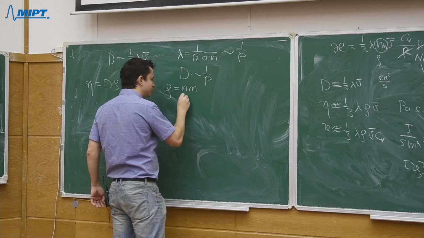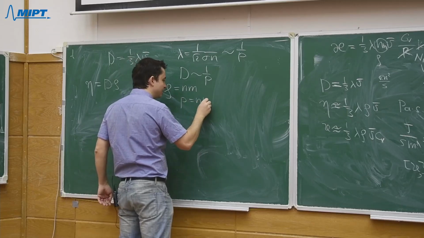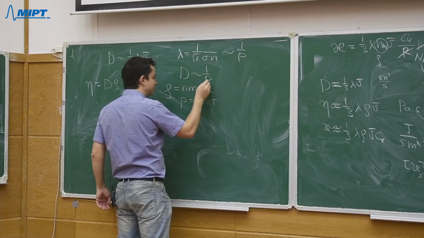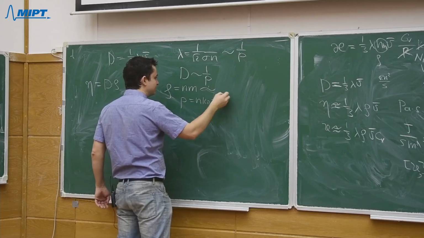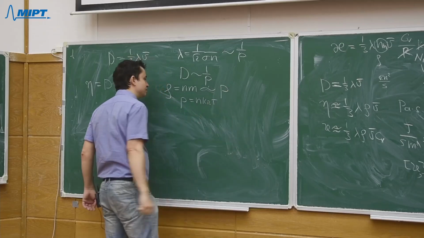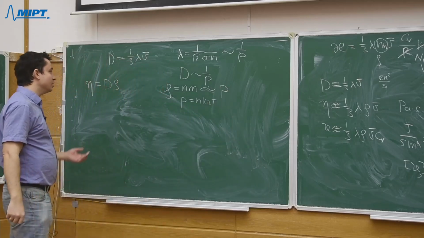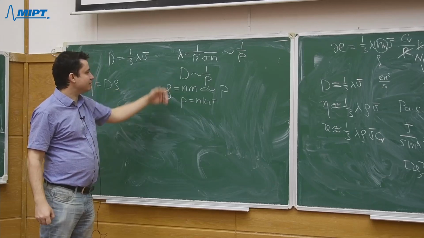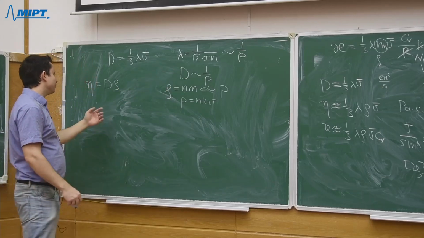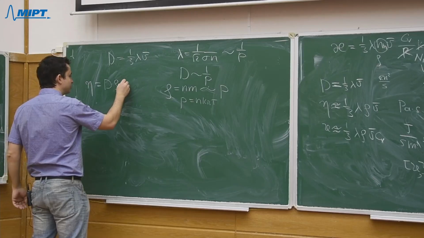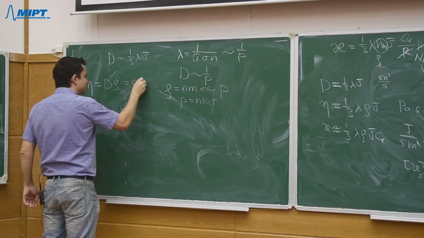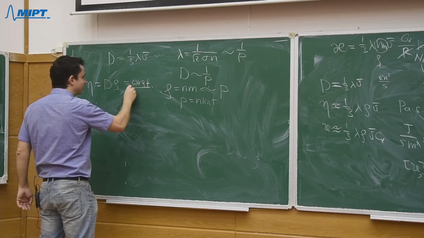And as we know that pressure equals n kBT, that means that the density is directly proportional to pressure. But if you calculate this product of the density and the diffusion coefficient, that would give us a constant. So eta remains constant as we change the pressure.